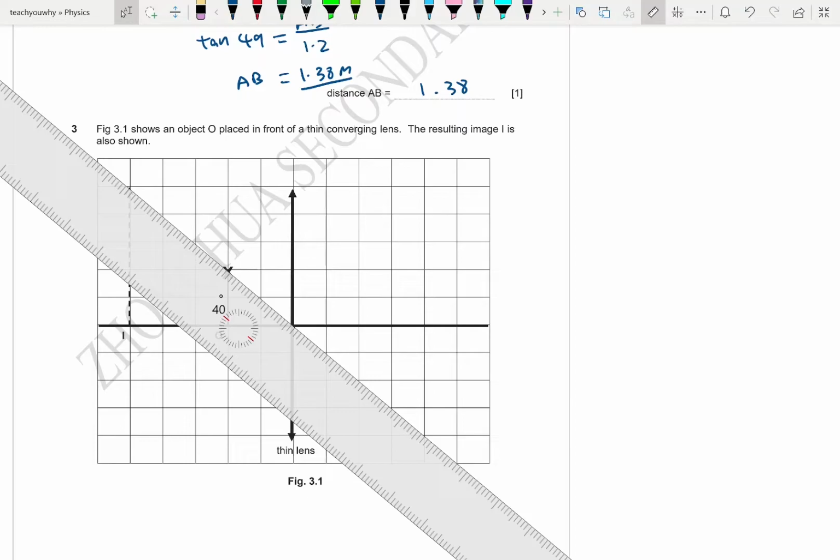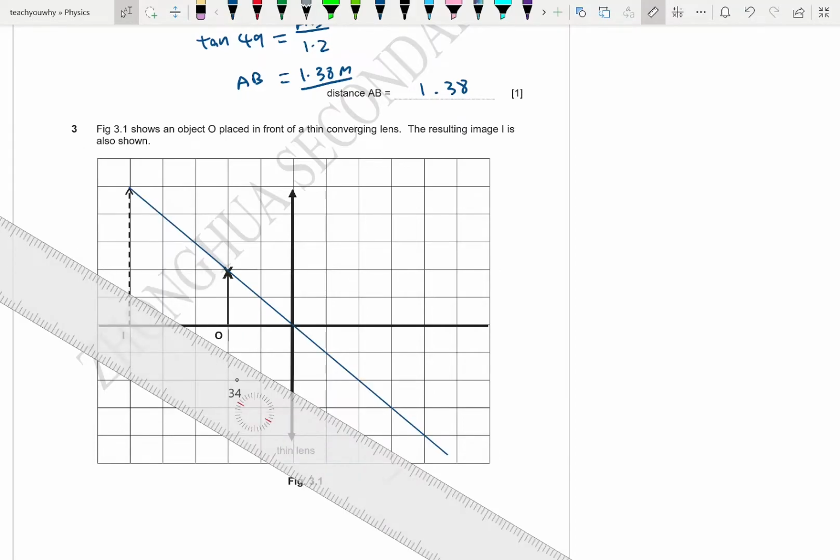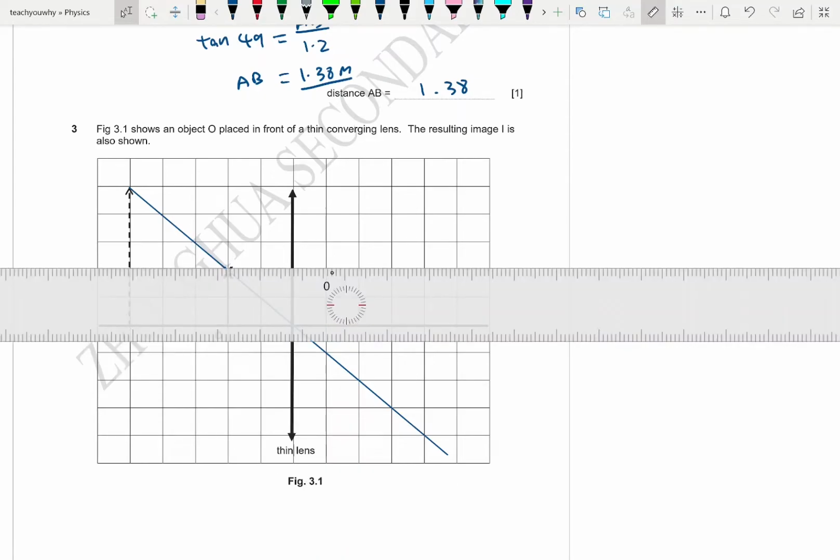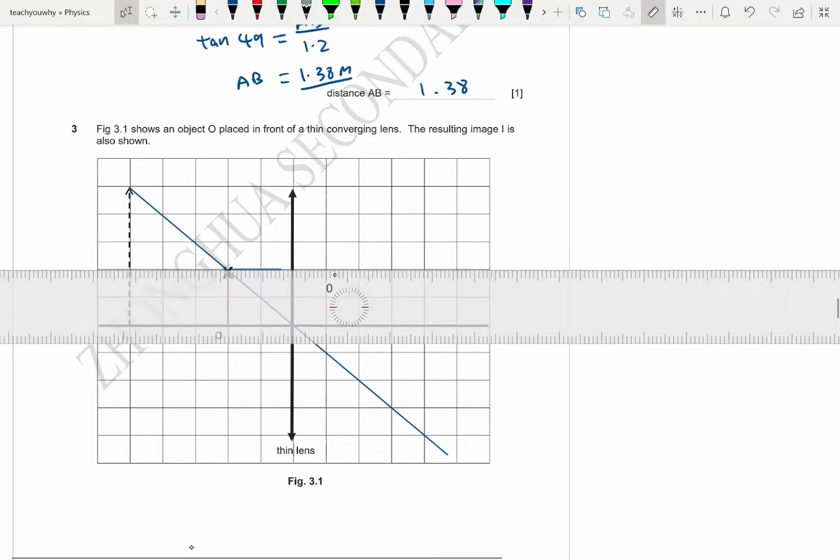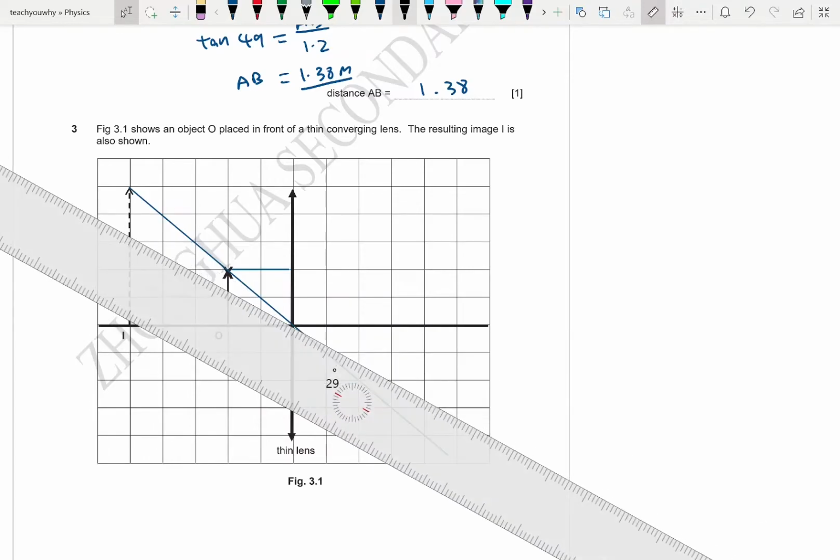Nothing too difficult. Now, how about the other light beam? We will use this. You can use any of the 3 light rays that you see in your textbook, but I like to draw this. So let me draw this horizontal until this point, and then from here, at this point here, let me highlight this point in red, this point here must align to this green dot here.